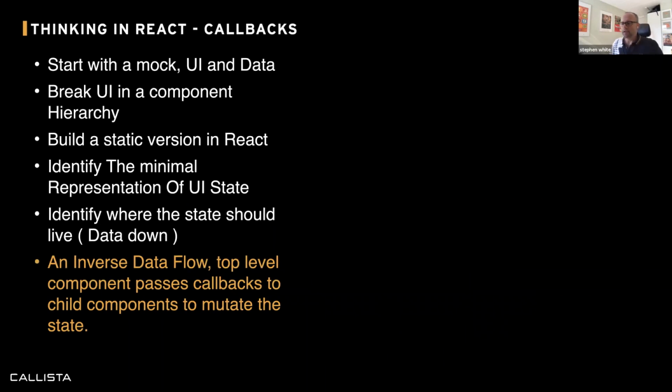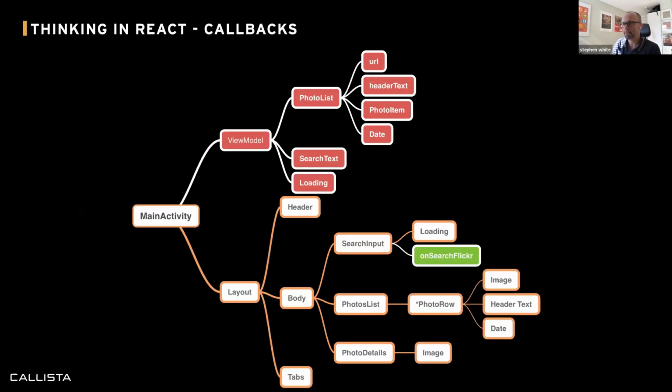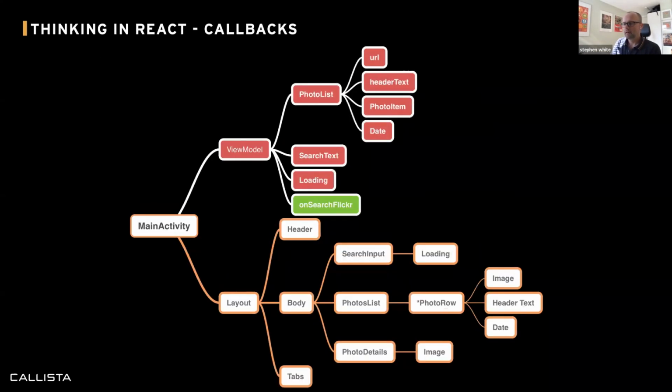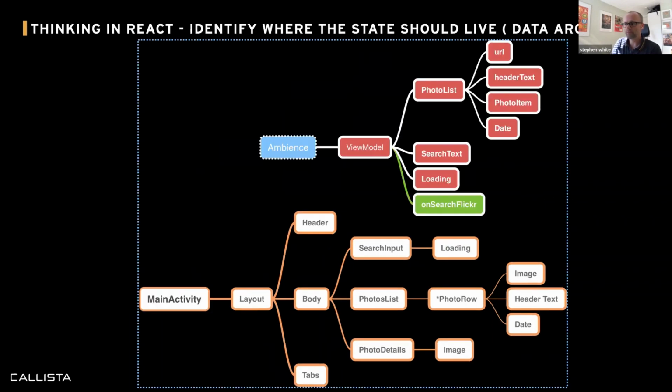So an inverse data flow: top level component passes callbacks to child components to mutate the state. And that is kind of what I was showing earlier. So, the data flow comes down, but you mutate the state by passing down the functions, but those functions will mutate the state further up in the hierarchy or wherever the state is. Okay, so there you go. So the on search Flickr ends up in the view model.